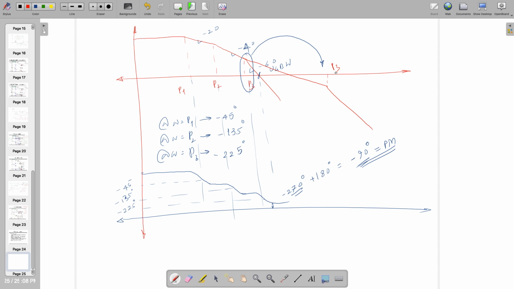So now the contribution by pole 2 is dominating over here, and here you can observe minus 180 degrees, and at pole 3 you're going to observe minus 225 degrees. But we don't care about this, we care about the UGBW. So right now the phase margin is 0 degrees because the phase contribution is minus 180 degrees. So adding 180 degrees is going to give me 0 degrees of phase margin.